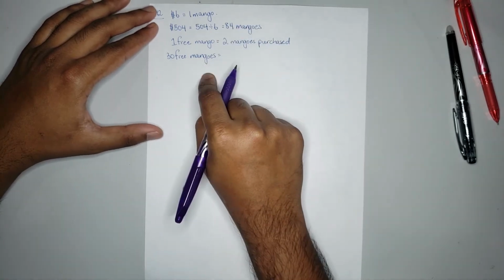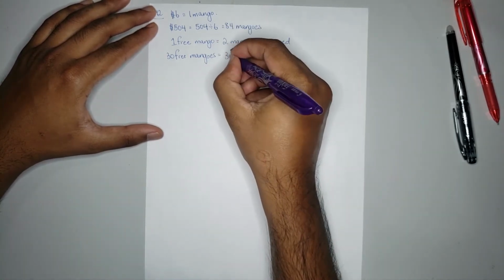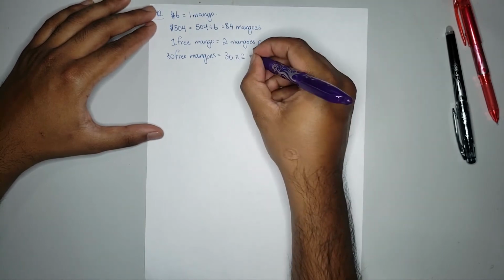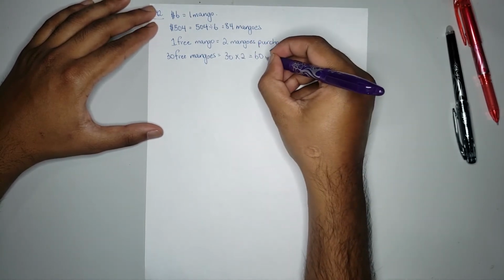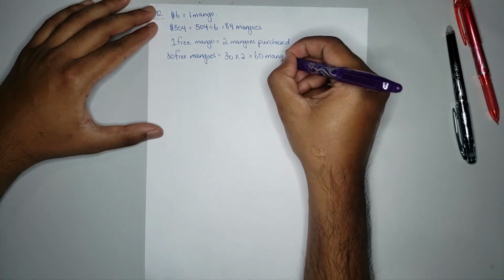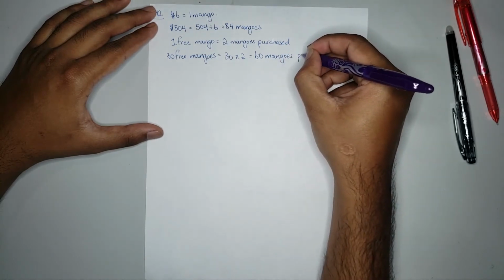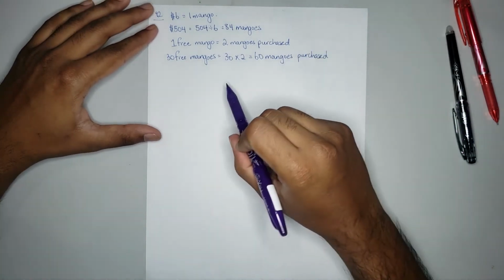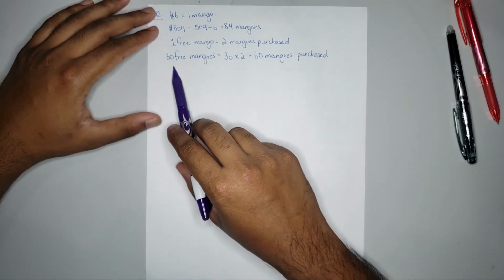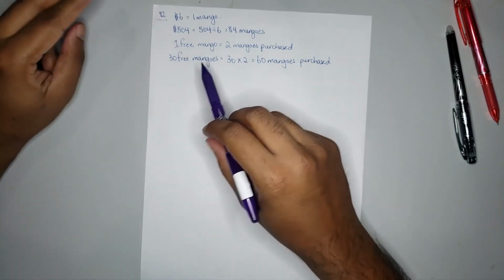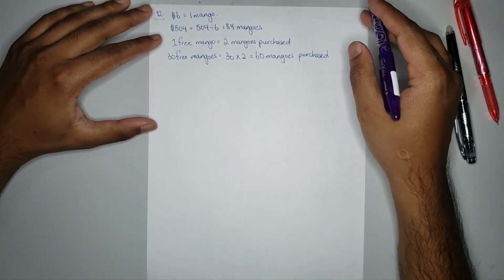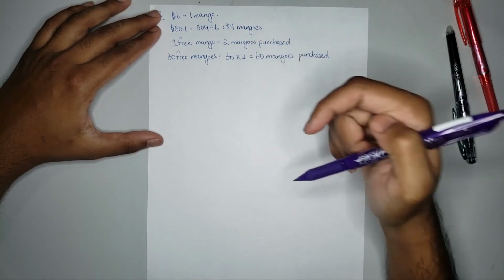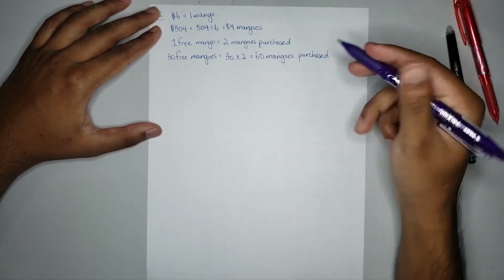So 30 free mangoes means that she sold 30 by 2, which is equal to 60 mangoes purchased. So that means if she gave 30 away, at least 30 people bought 2 mangoes. That asks you now, how many customers bought only 1 mango?